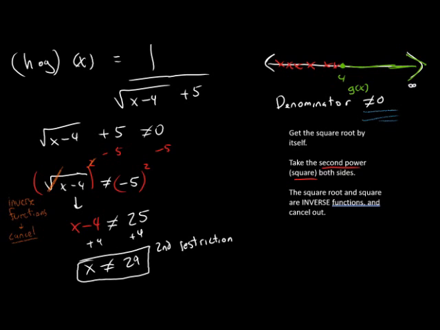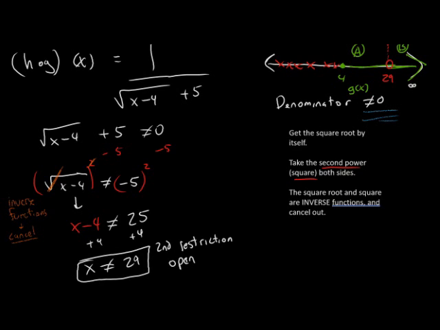If you see a not equal to symbol, that will be an open circle on our picture, and so we will now place an open circle at 29, and that will split the domain into two pieces. Piece A will go from 4 to 29, and piece B will go from 29 to infinity.